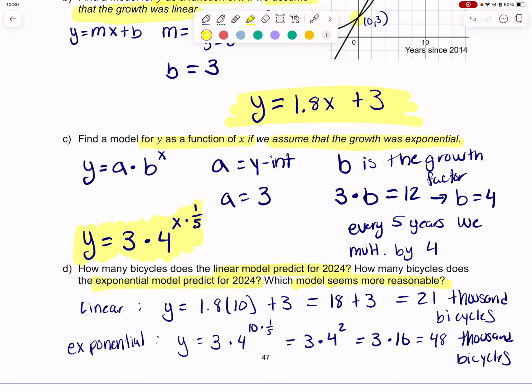So this one that we went from 12,000 after 5 years to 48,000 after 10 years might be a bit too quick for the growth of a company like this, where a linear model might seem more reasonable for long-term type of growth. But an exponential model for the short term might be reasonable as well to look at.